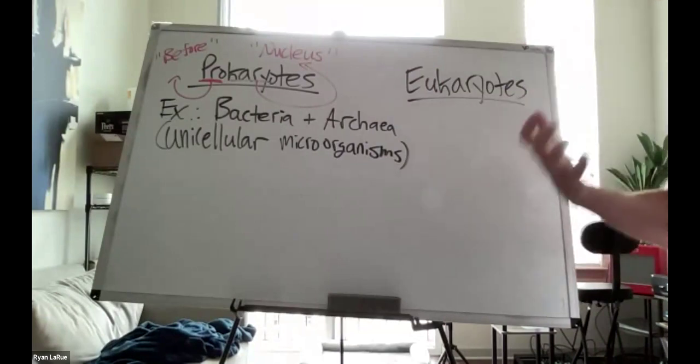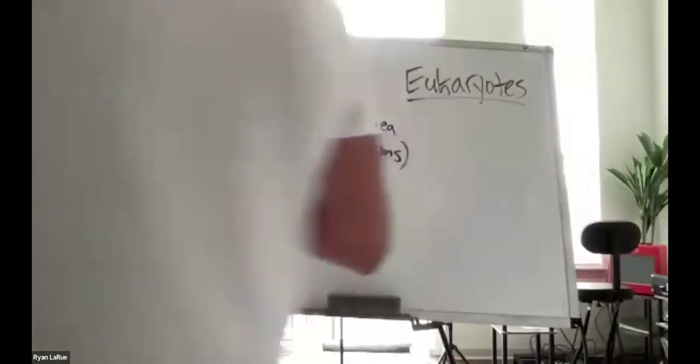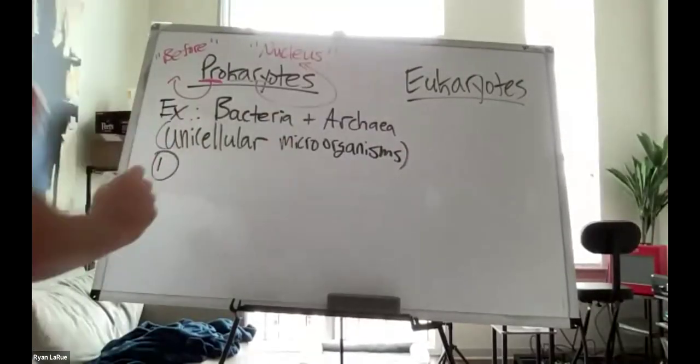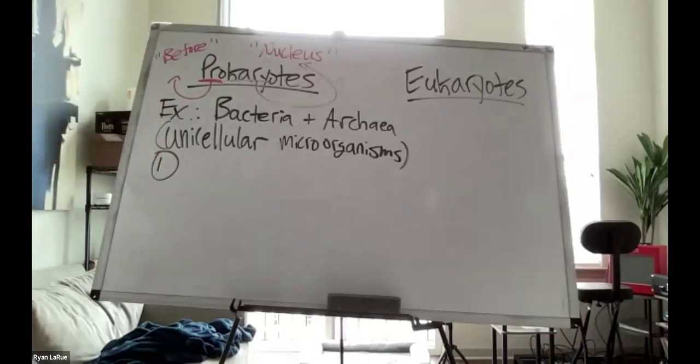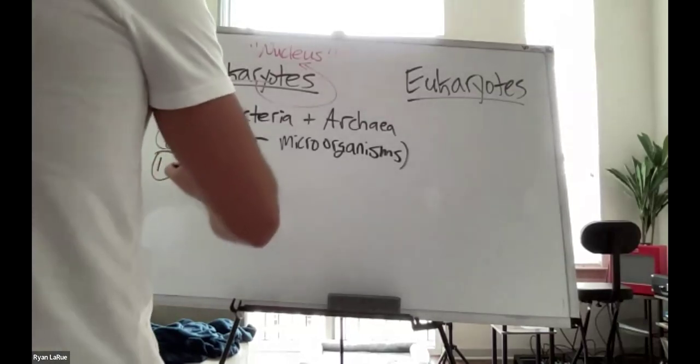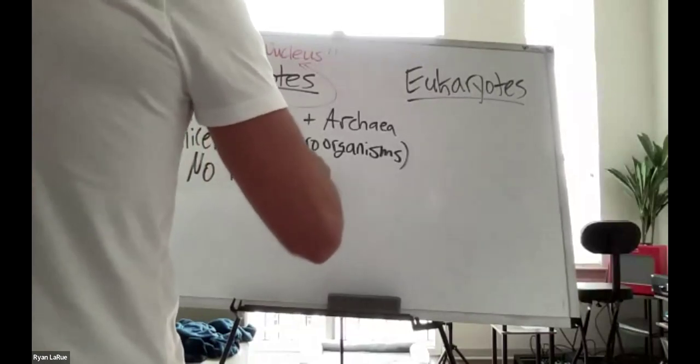Okay, well, what makes them prokaryotic? There's two qualifications here. The first is kind of what I've already said about the nucleus. They don't have a nucleus, so no nucleus.